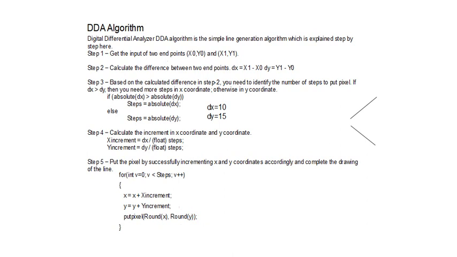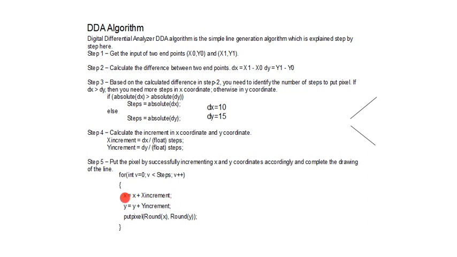But here one important operation is there, that is round x and round y, because when you calculate this value, as in this example, 10 divided by 15, it will be somewhere like 0.66. So whenever you increment the value of x, you will find the new value of x.